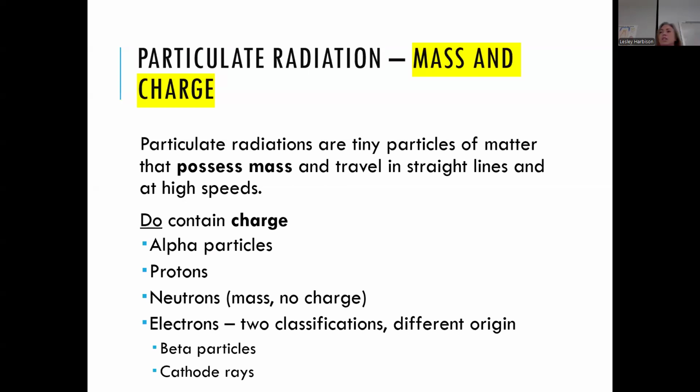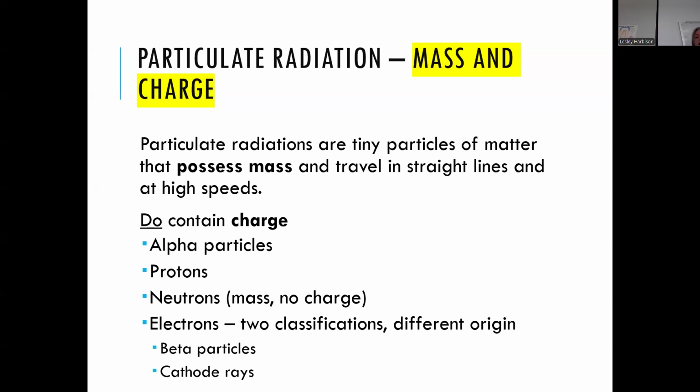They're tiny particles of matter. They possess mass. They travel in a straight line at high speeds. The only test question I ask you about particulate, and that's why it's highlighted, is to identify the difference between it and electromagnetic in relation to the fact that it has mass and charge. If you remember that particulate radiation has mass and charge, really that's all you have to remember.